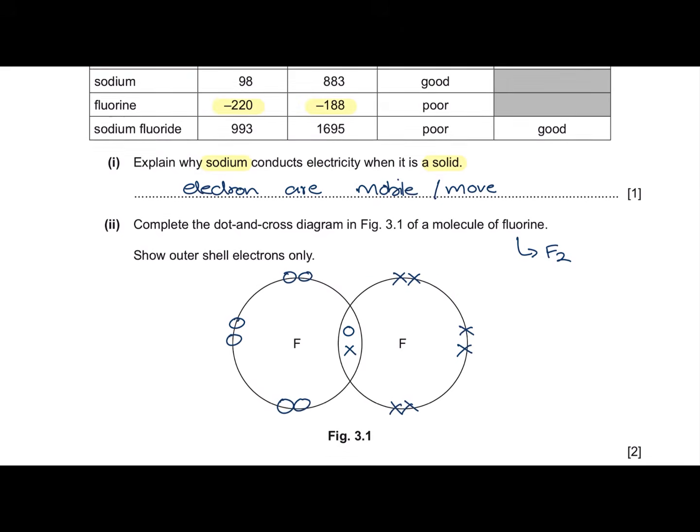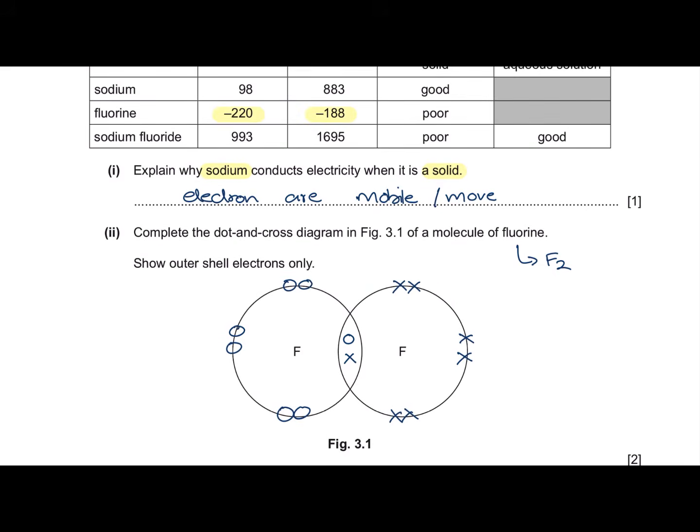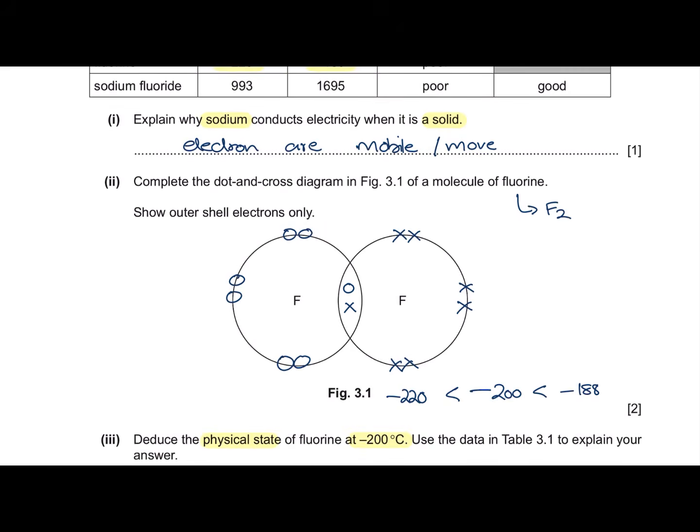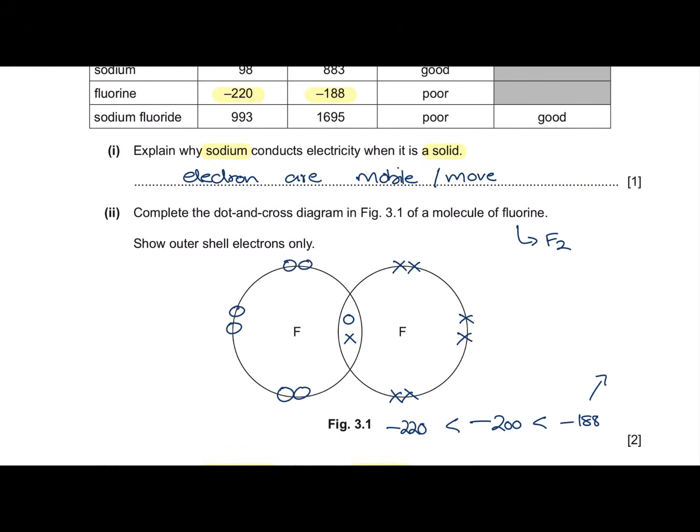And as it is at negative 200 degrees Celsius, it is greater than negative 220 and it is lower than negative 188. So it is not a gas and nor a solid. So it is a liquid.